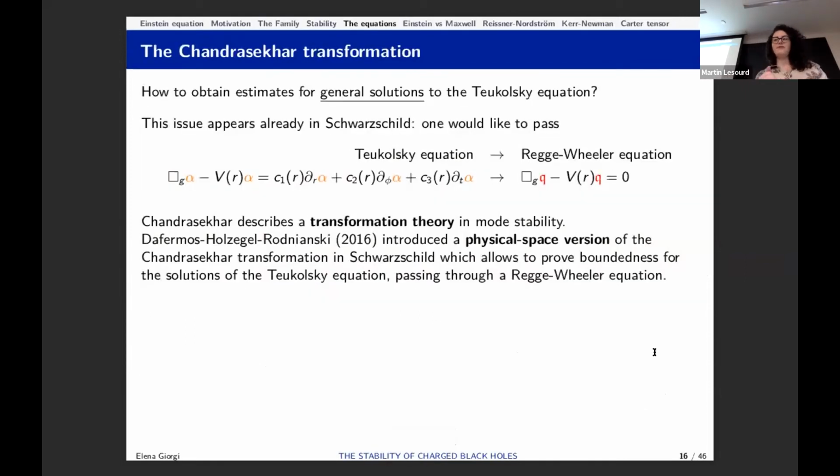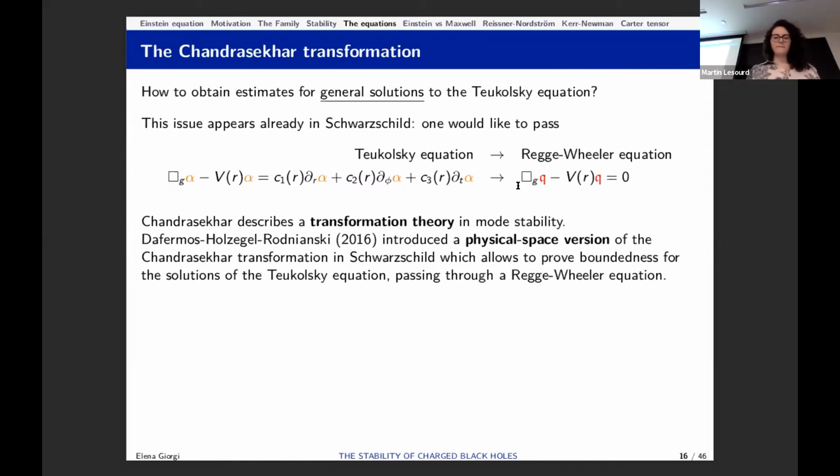But if you want to study general solutions to the equation, well, you have a problem even in Schwarzschild. It's not clear how you would study solutions to the Teukolsky equation directly, and that's something that we heard from Martin Stock, Sergiu Stock, that there is a way even in Schwarzschild. What was found by Dafermos-Holzegel-Rodnianski is a physical space version of the Chandrasekhar transformation, which takes the Teukolsky equation and gives you a Regge-Wheeler equation, which I would call a Regge-Wheeler equation that is only given by the d'Alembertian and a potential.